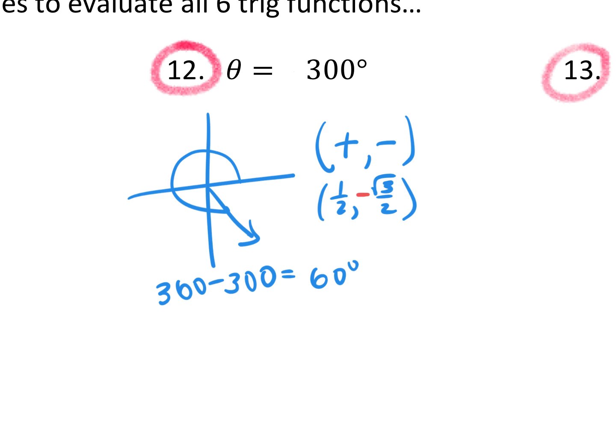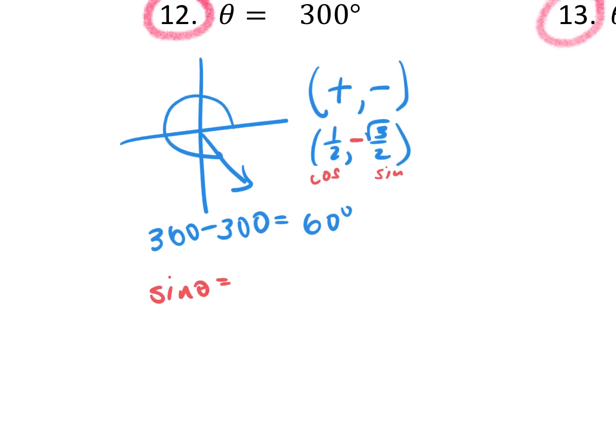Since we're talking about an angle that's on the unit circle, your R value is what? 1. You can use X, Y, R, or since we're on the unit circle, this is your cosine, this is your sine. So what is the sine of this angle? Either way, because it's on the unit circle, your R value is going to be 1. So your sine is negative root 3 over 2, right?